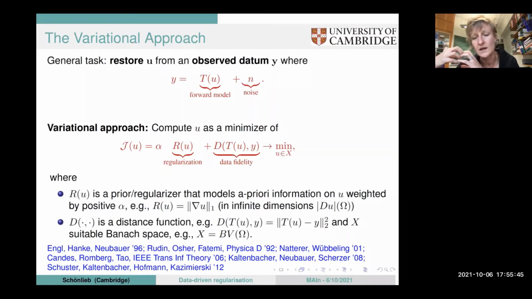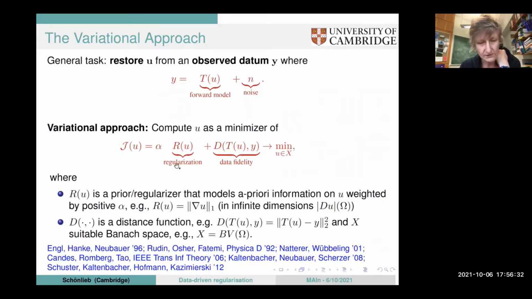But if you write down a posterior distribution for your reconstruction given the data, and you compute as an estimator from this posterior distribution the maximum a posteriori estimator for your U, then the prior in your posterior basically turns into the regularization, and your likelihood turns into the data discrepancy term. Okay, that was a quick rundown of the connection to Bayesian inverse problems.